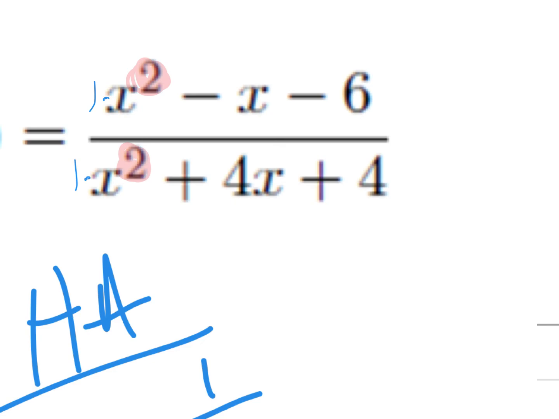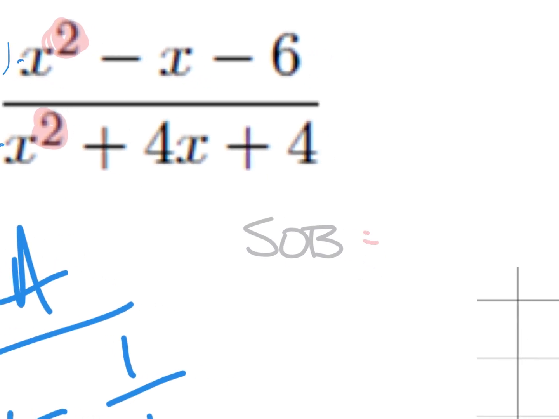The rule for SOBs is that they are going to make you sob because they're the hardest kind. They're not just, there are no asymptotes. It's not just whatever's on the outside. It's a ratio of the lead coefficients.